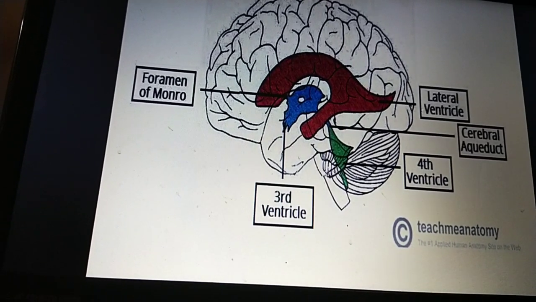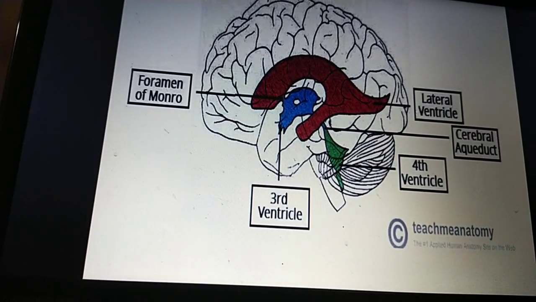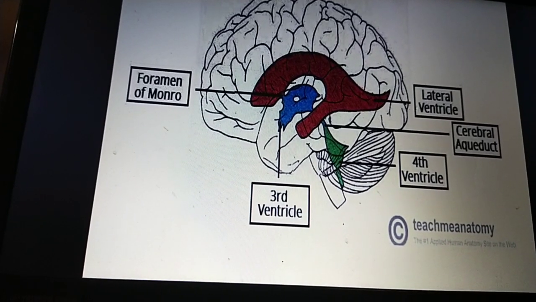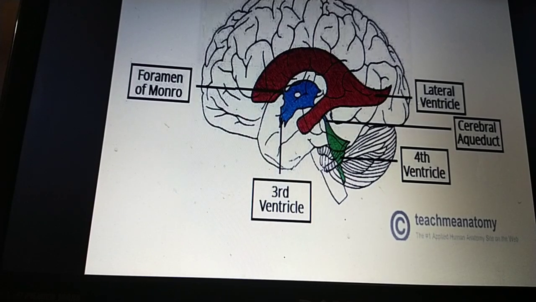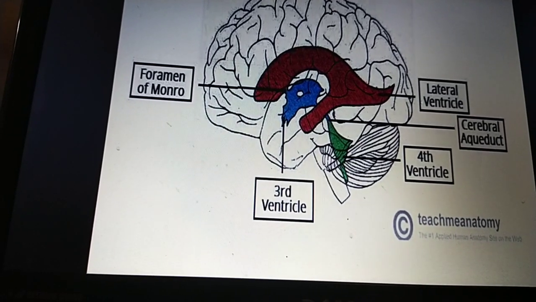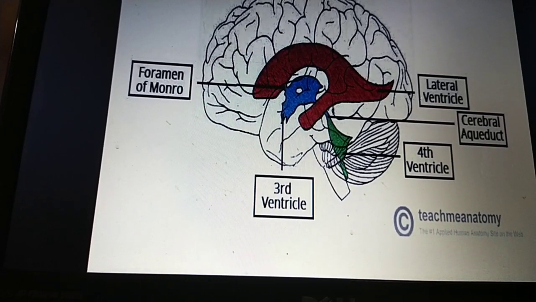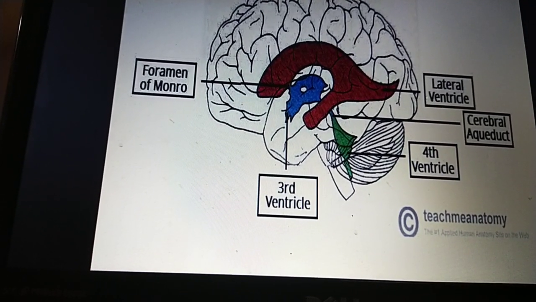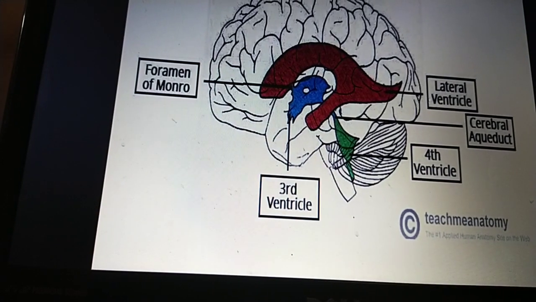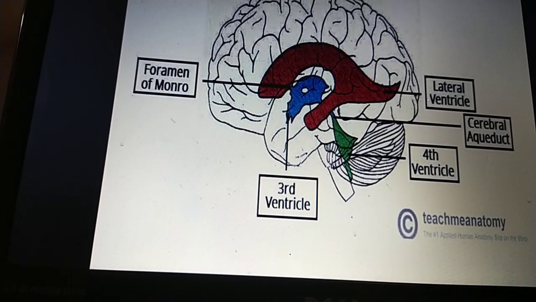Another is chemical stability. The CSF creates an environment that allows proper functioning of the brain, maintaining consciousness and maintaining the extracellular potassium level, among other functions.